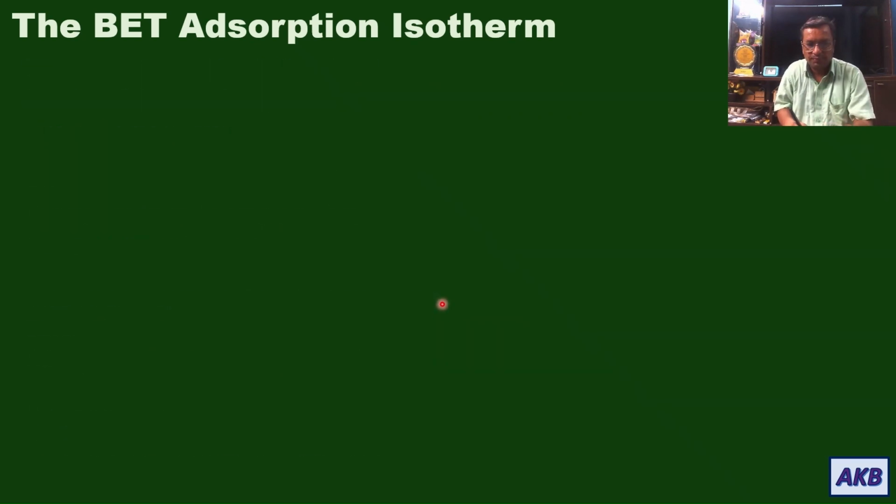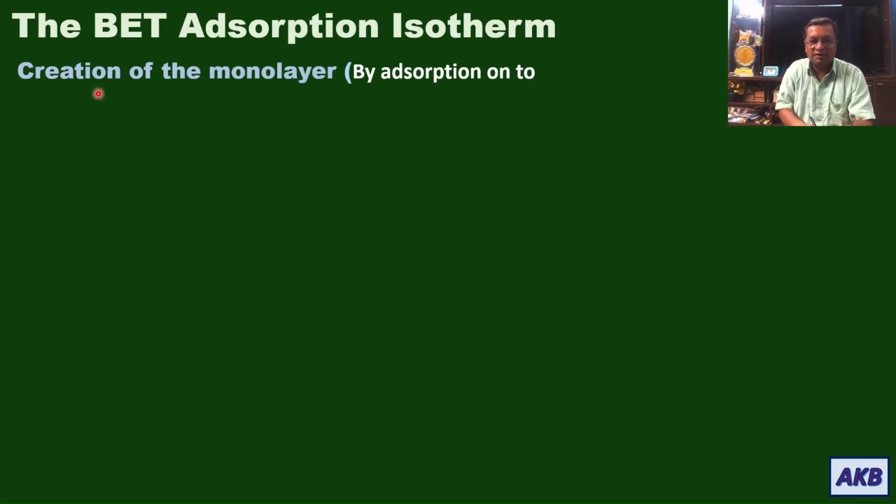Now let us get the mathematical equations for creation of the monolayer. First we will discuss creation of the monolayer by adsorption on the empty surface, the first way of creating monolayer.